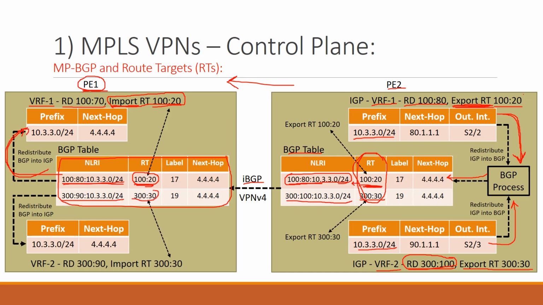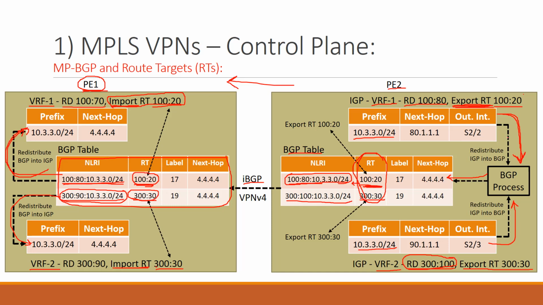Similarly, this route target, which was their export, will be compared to the import route target value inside provider edge 1 VRF2. If they are the same, then this IP prefix will be redistributed inside this VRF2 because the import route target is similar to the export route target that came with the BGP update. This is how route target works.